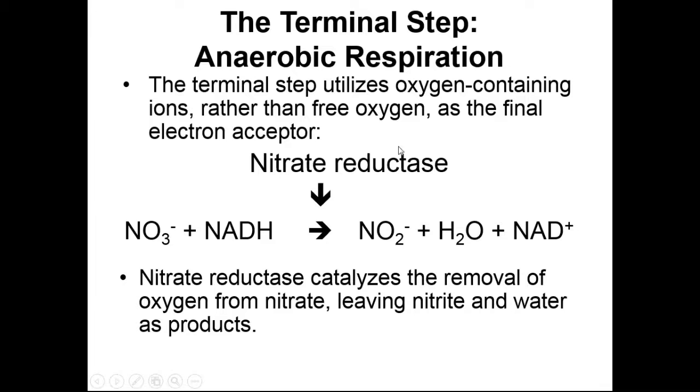So nitrate reductase, as its name implies, reduces nitrate molecules, and we'll have NO2, H2O, and NAD positive as products at the end of this chemical reaction. Nitrate reductase is going to catalyze the removal of oxygen from nitrate and will give us these products at the very end.